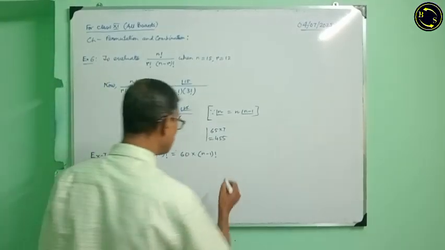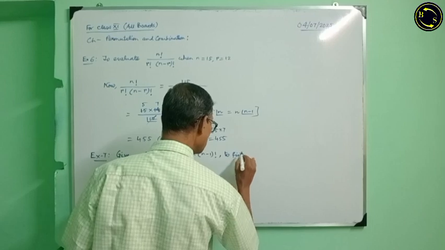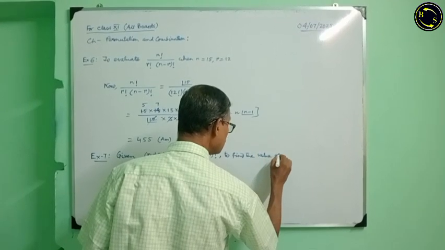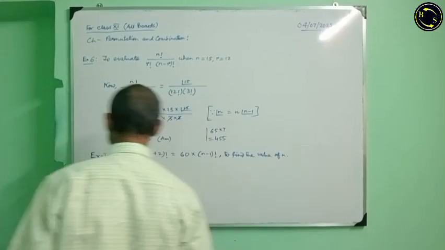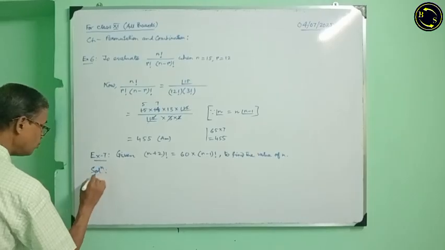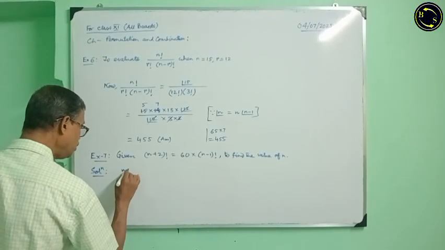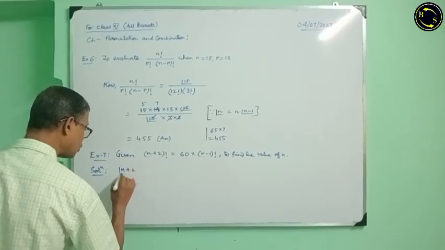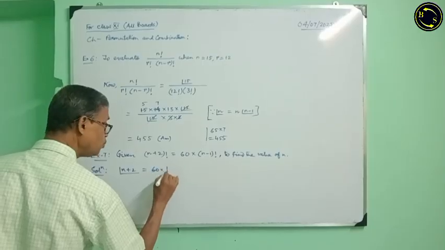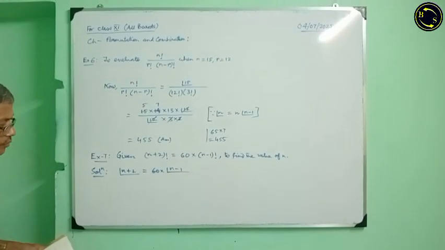To find the value of n, I write like this first: n plus 2 factorial, 60 into n minus 1 factorial.